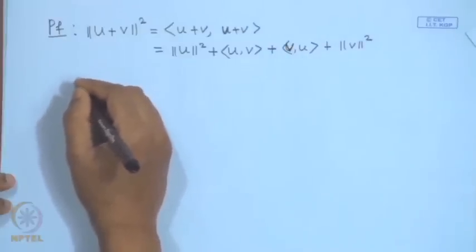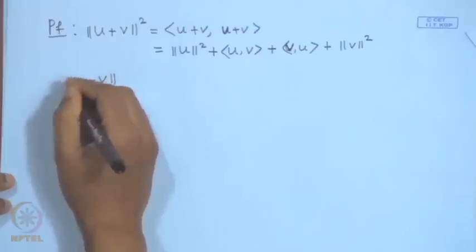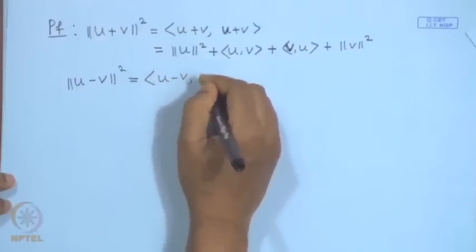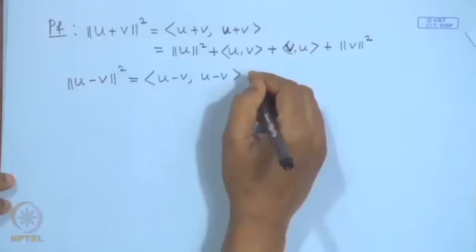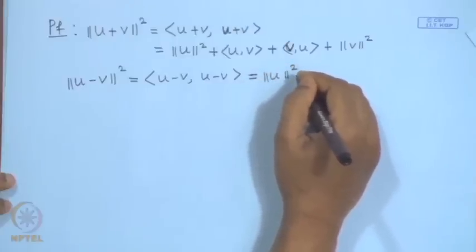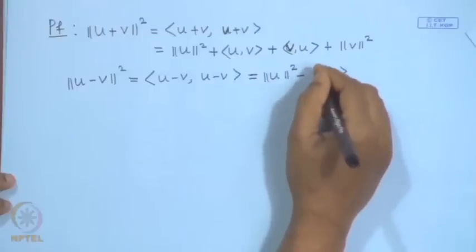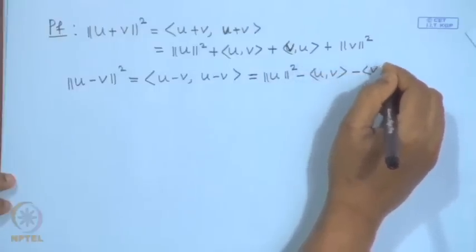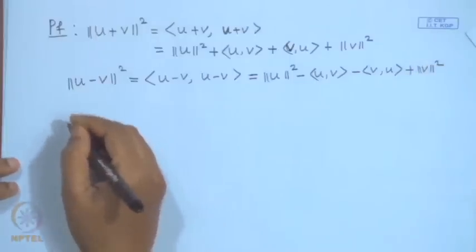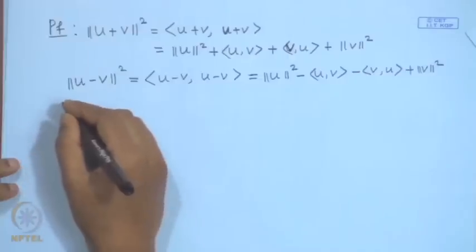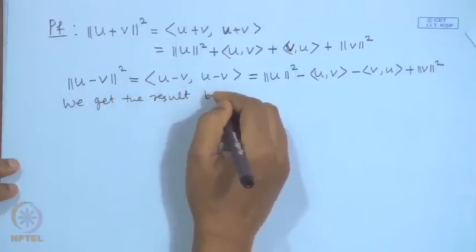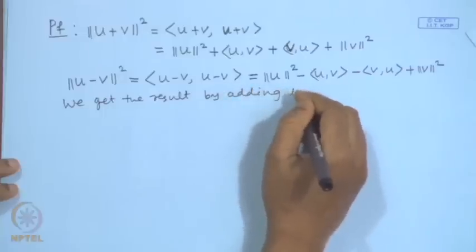Similarly, the square of norm of u minus v is equal to the inner product of u minus v with itself, and that is equal to the square of norm of u minus the inner product of u, v minus the inner product of v, u plus the square of norm v, and we get the result by adding these two.